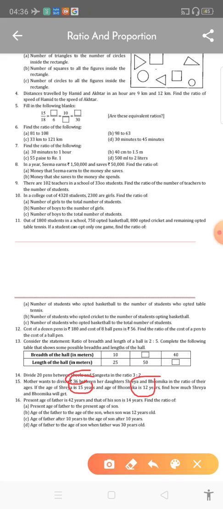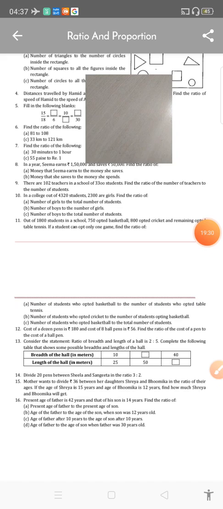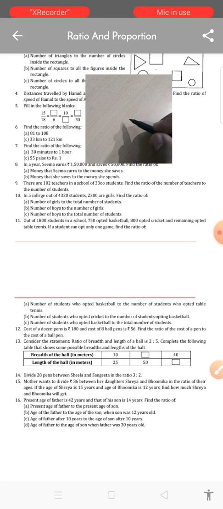Okay, so let's see how to solve it. Here you can see their ages are given: 15 years and 12 years.